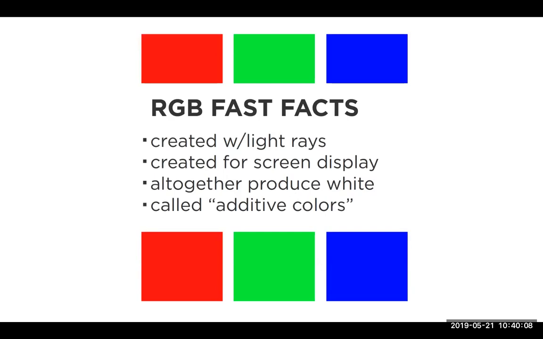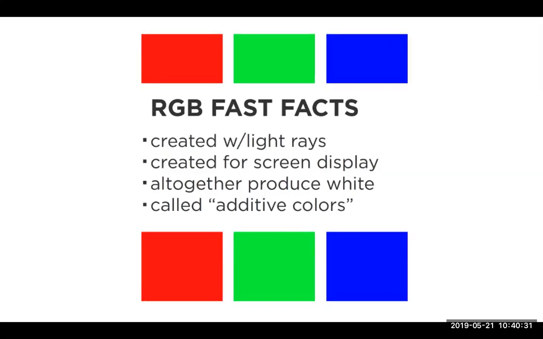But if you do want to learn more about it, I would suggest that you Google, is color a light ray? And you will just learn lots of cool things. Your mind will be blown. You'll look at lots of crystals, and it's fabulous. So if you're curious, definitely pursue that curiosity. But yeah, RGB color is color that's created with light rays.